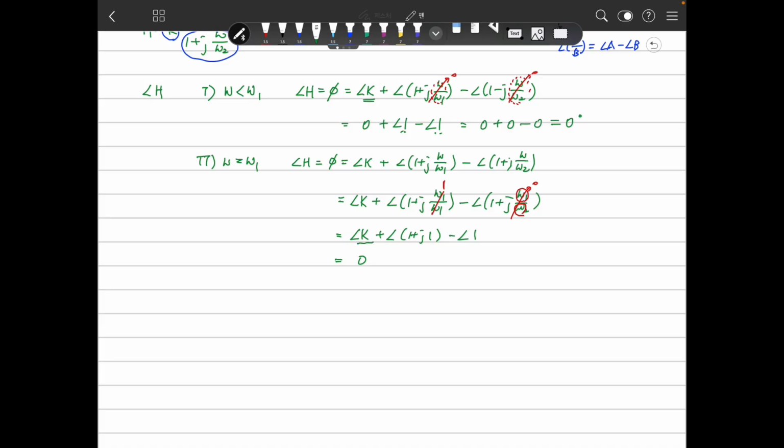So this is 0 because these are real numbers. And this is a 1 and 1. This is 45 degree, and minus 0. So there will be 45 degree.